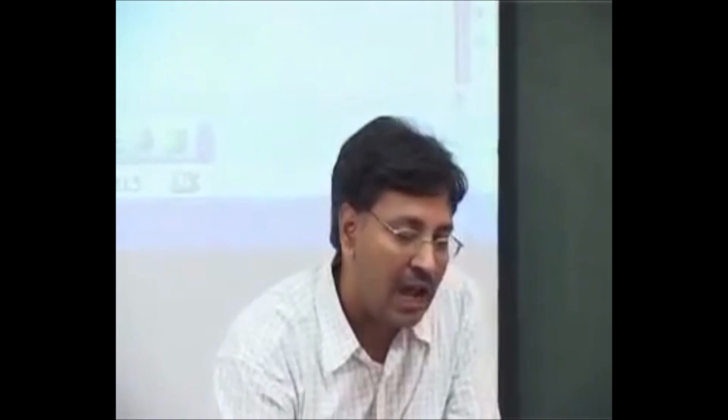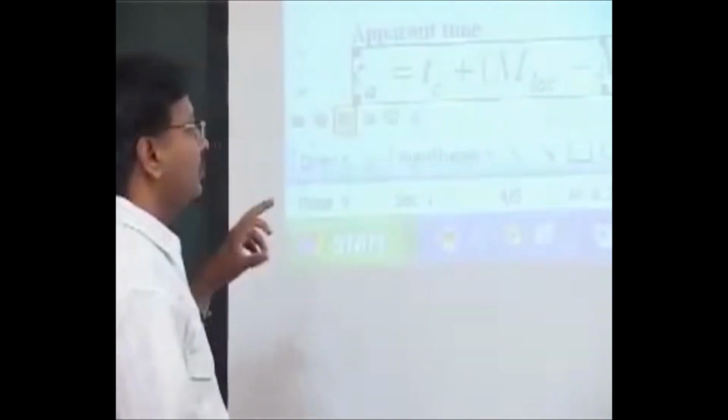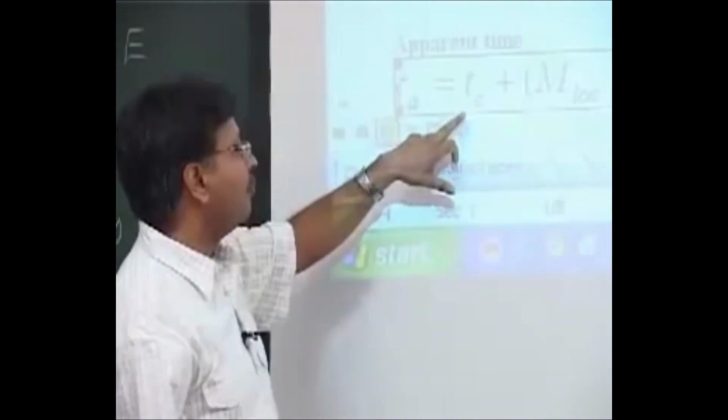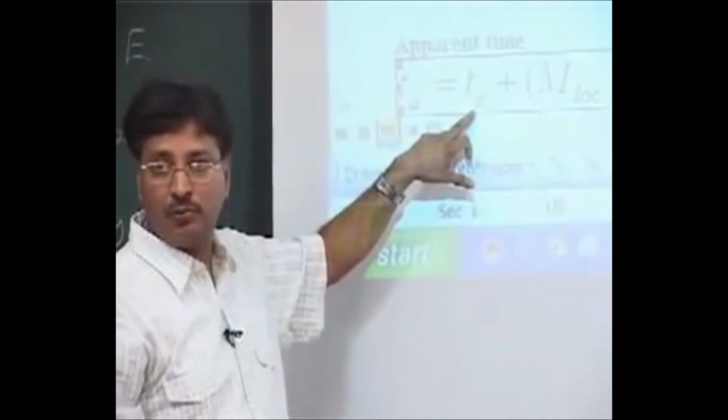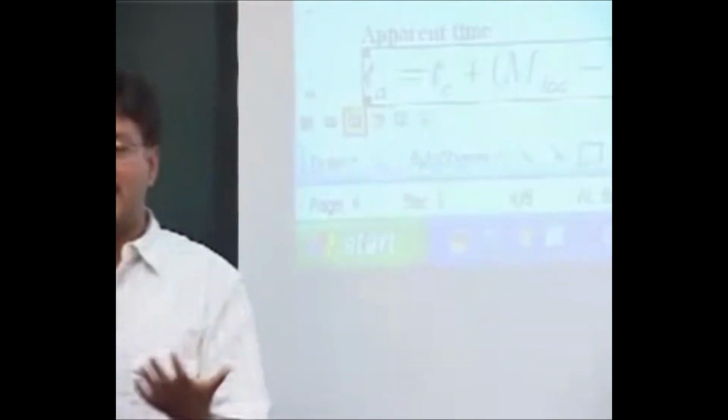Now I can say what my apparent time is, the time which is more useful, more meaningful for me to find the solar radiation. Agreed? So what you see here is the apparent time. This is the time, whatever time you are referring to, suppose 11 o'clock, but this 11 o'clock is based on the standard time.